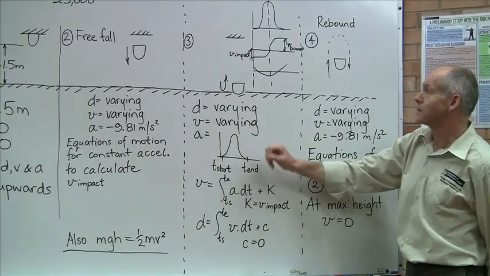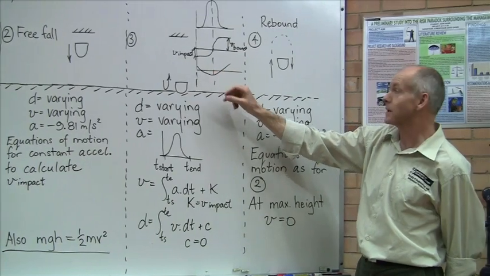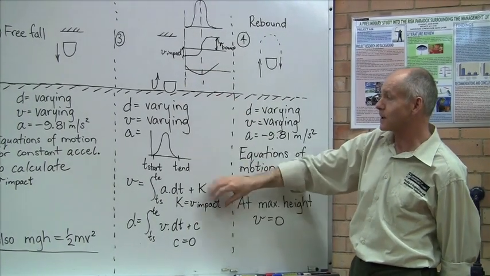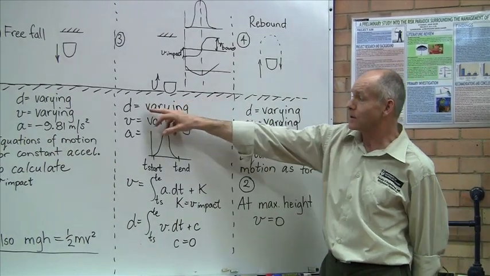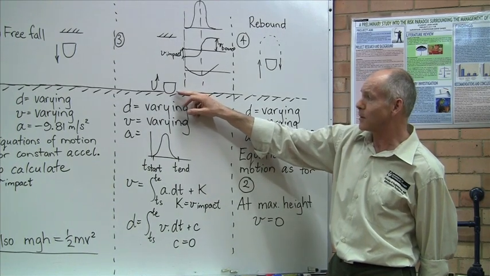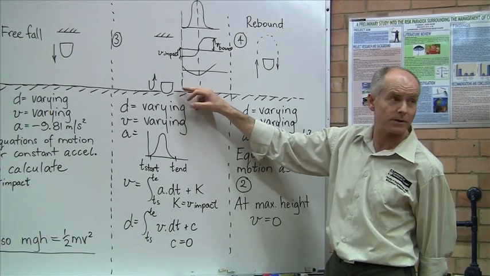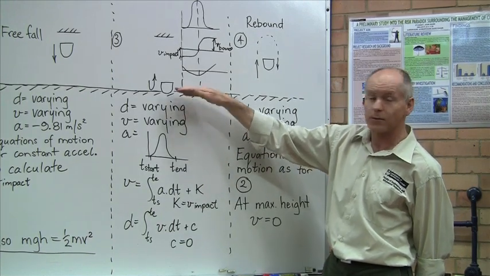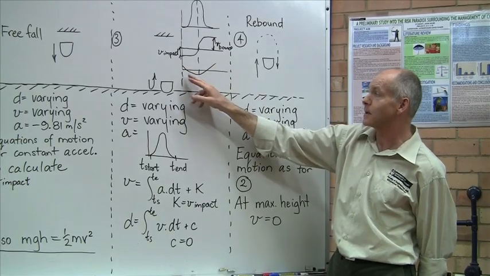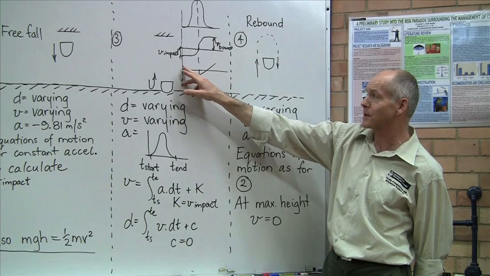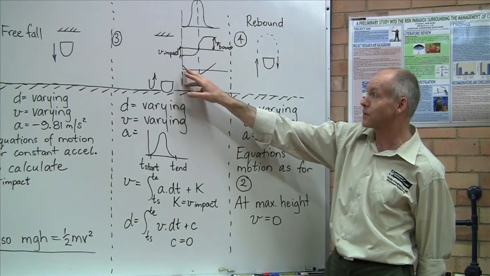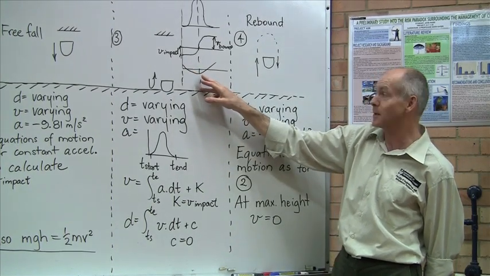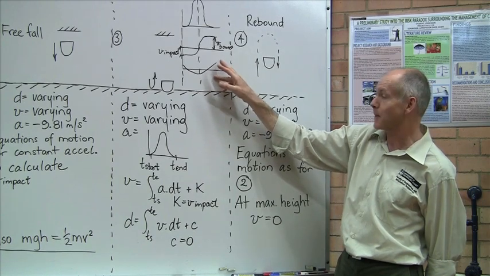For the third stage, the impact stage, lots of things are changing. When d is equal to 0, the head form is just touching the surface, and during this stage, the head form will penetrate into the surface. If we graph the displacement, it will look something like this. Start off above 0 before impact, go through 0 and go negative to some minimum, and come back up again.